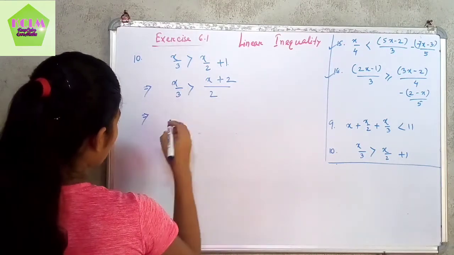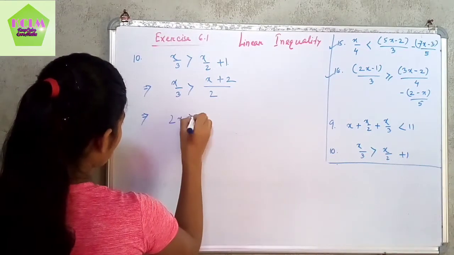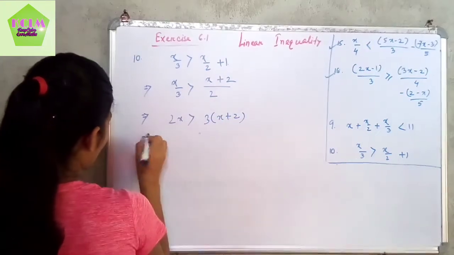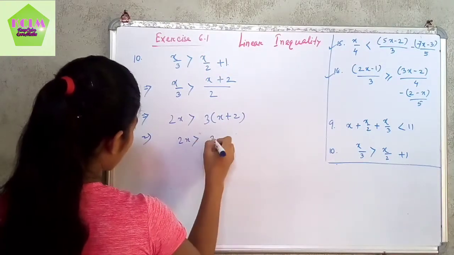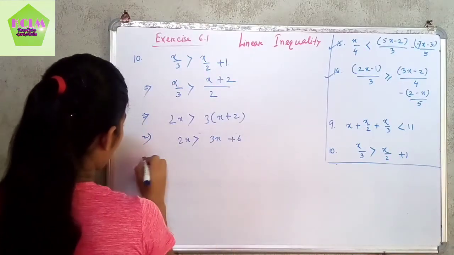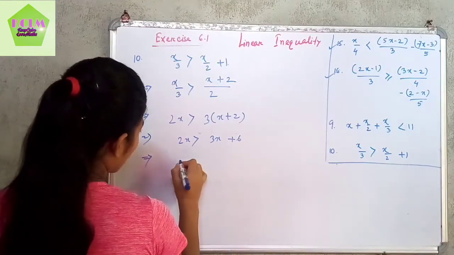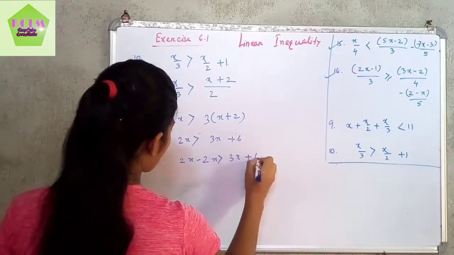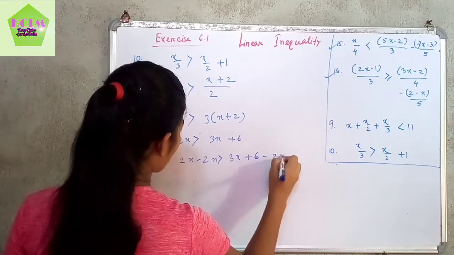Now we will cross multiply, then it will become twice x greater than 3 into whole x plus 2, or twice x greater than 3x plus 6, or twice x minus twice x greater than 3x plus 6 minus 2x.